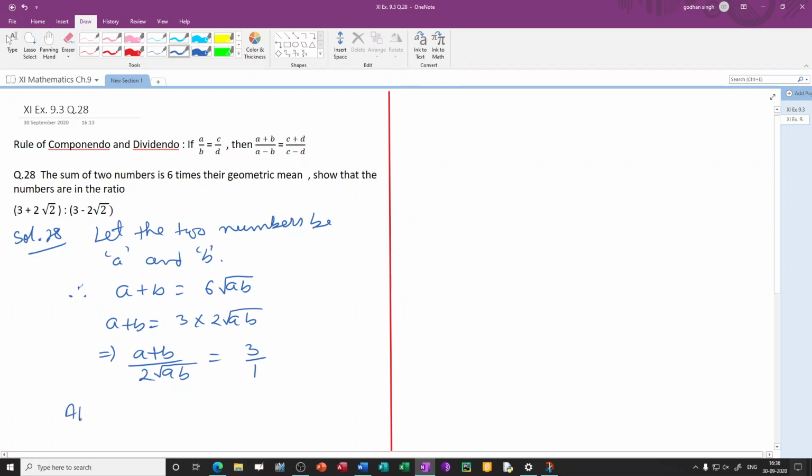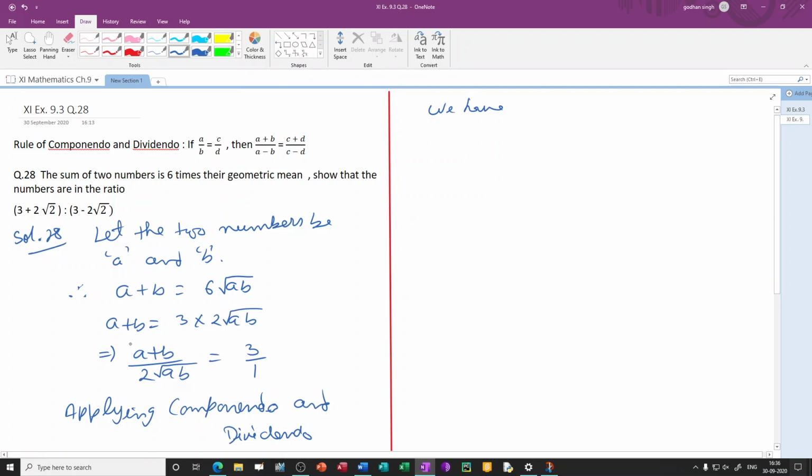Applying componendo and dividendo, applying this result which you have just learned, we have, so here is our a and this is our b. If a by b equals c by d, then a plus b over a minus b equals c plus d over c minus d.